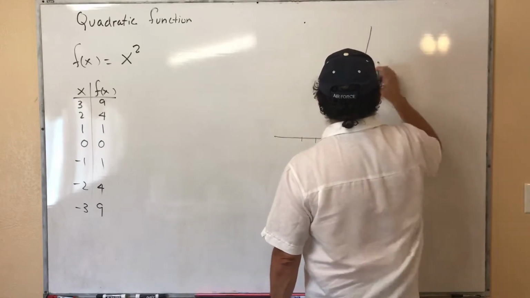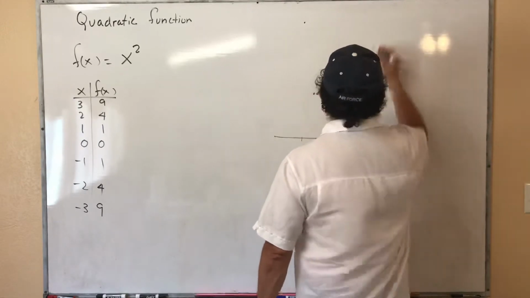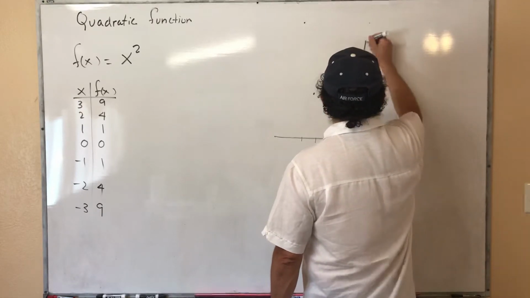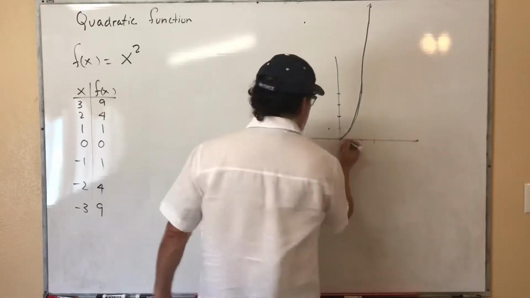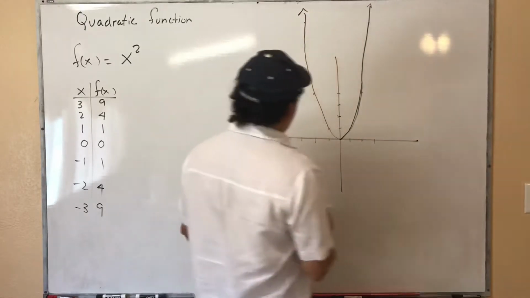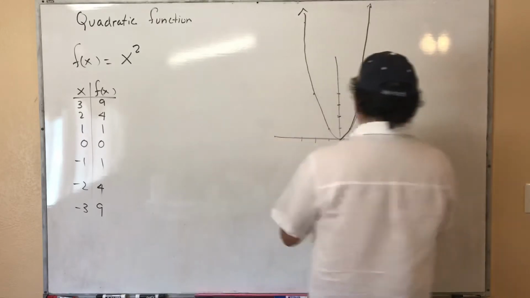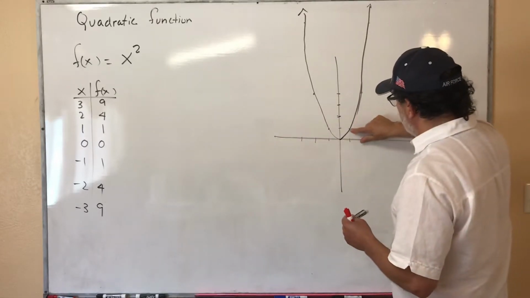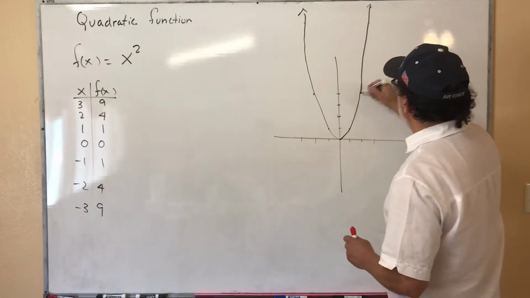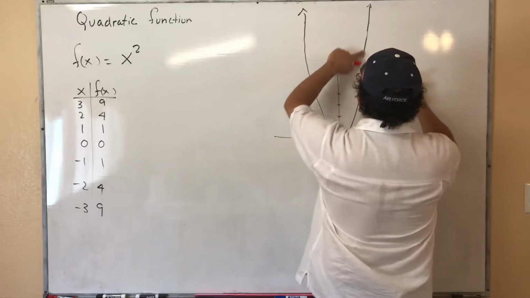Let me do this again. There we go. And so we have this parabola. We call this a parabola, and it should look better than this. It should look a lot nicer.